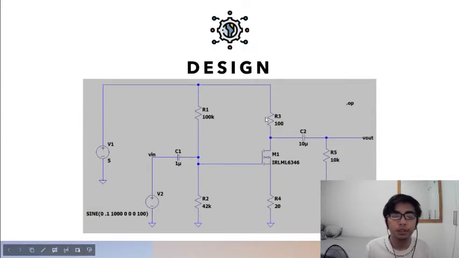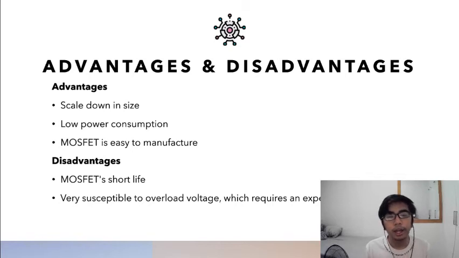So let's discuss the advantages and disadvantages. For the advantages, this design can scale down in size, so it is entirely different from other designs. It also has low power consumption, and the MOSFET transistor is easy to manufacture.